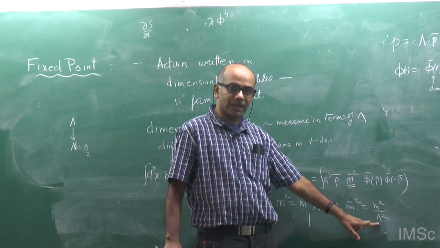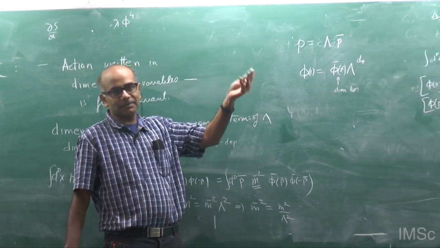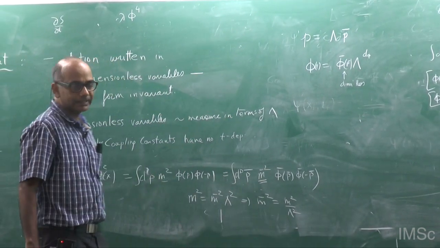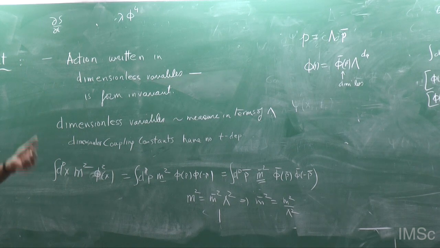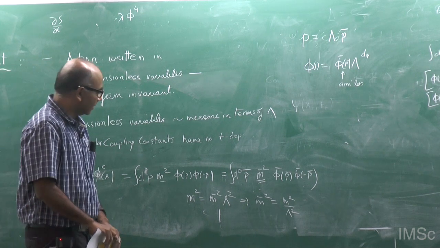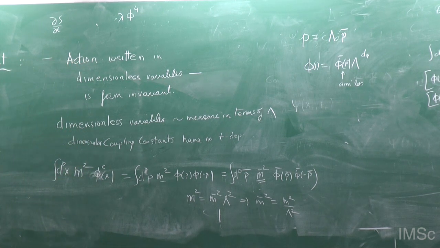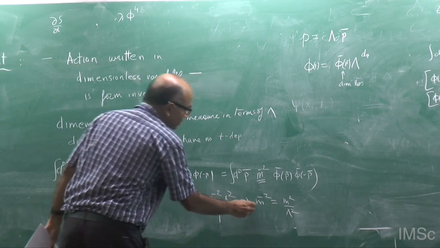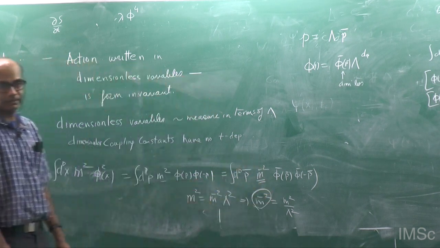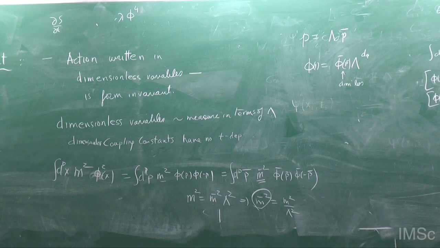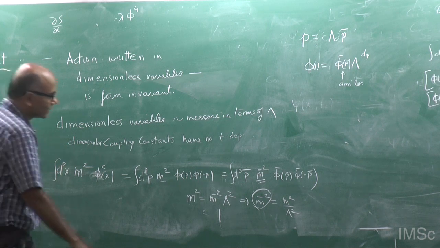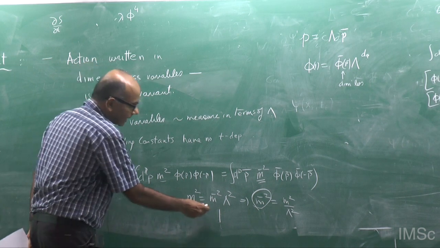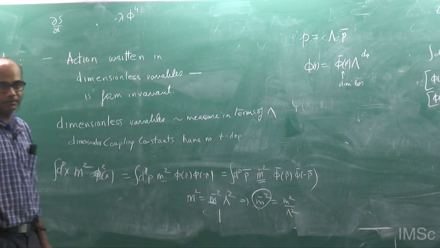As you lower lambda, your dimensionless mass gets bigger and bigger and bigger. That's just saying that it's a relevant variable. But if you're at a fixed point, that's not supposed to happen. Your m bar squared is fixed. So somehow the interactions have to renormalize your m squared in such a way that this is a fixed number.